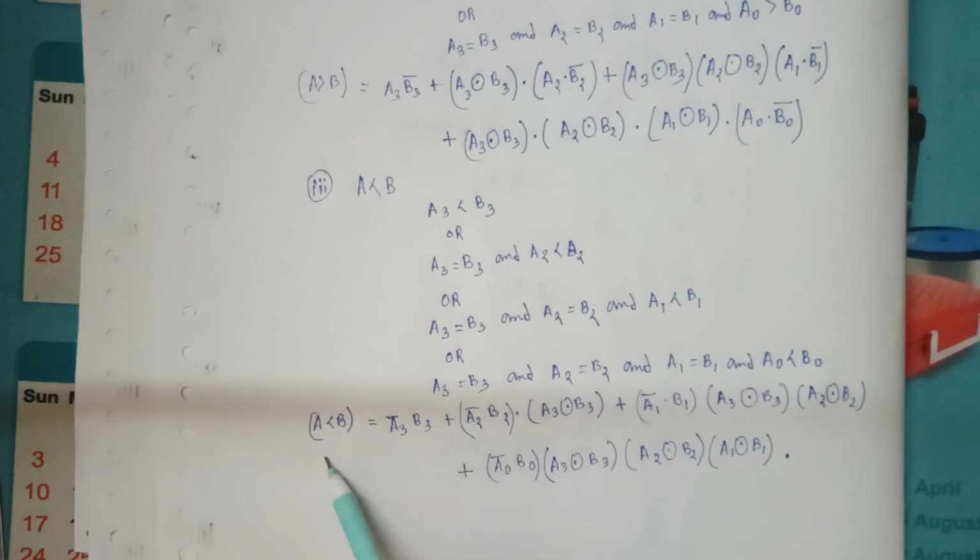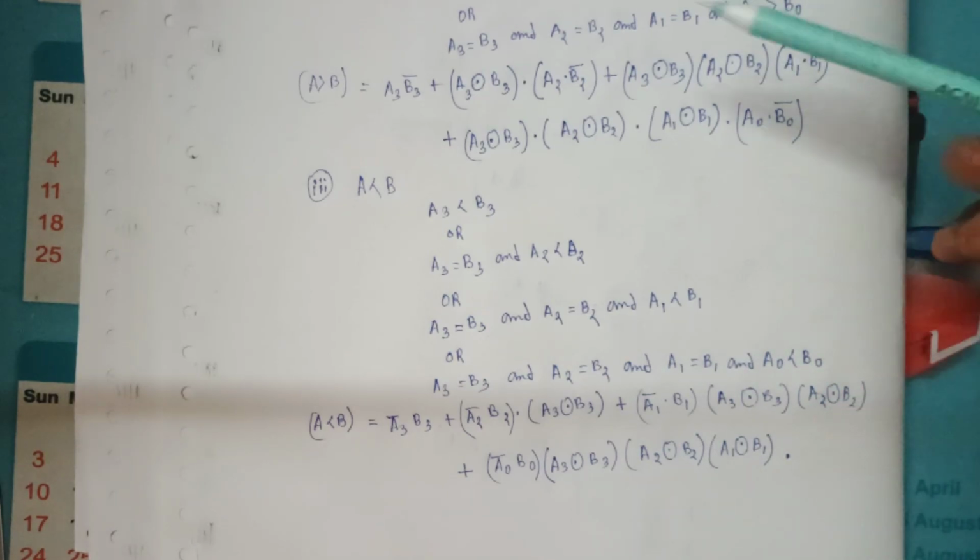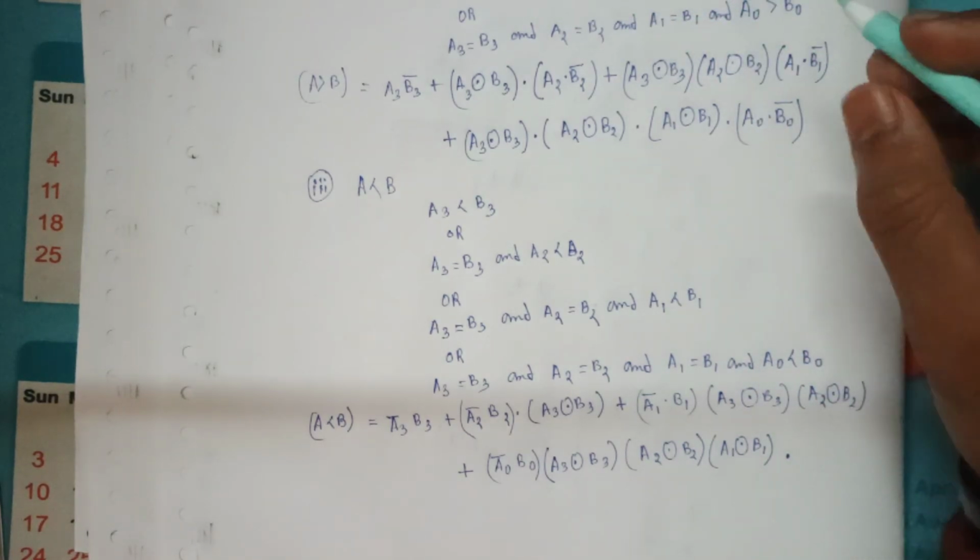So this is our final expression for A less than B. So these are our three expressions to calculate the 4-bit comparator.